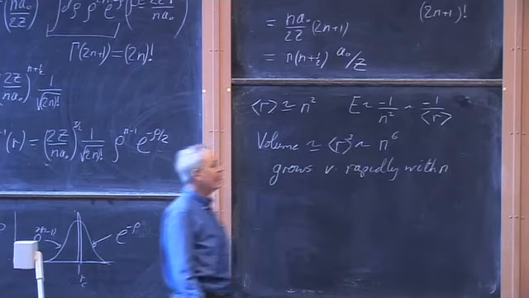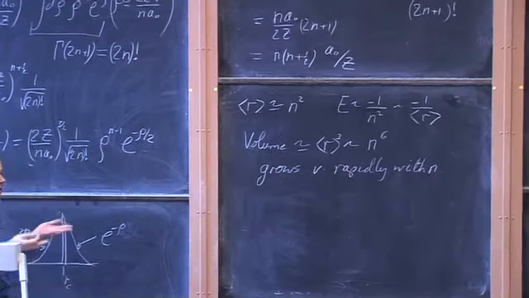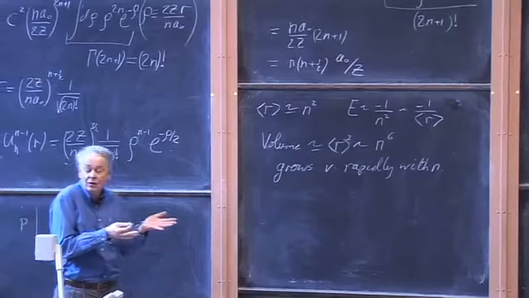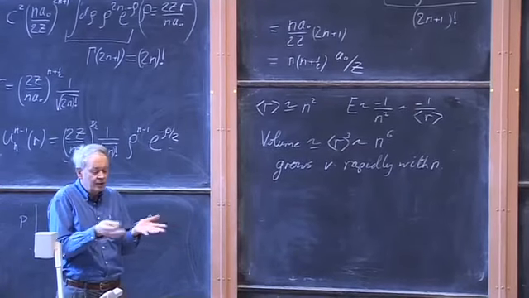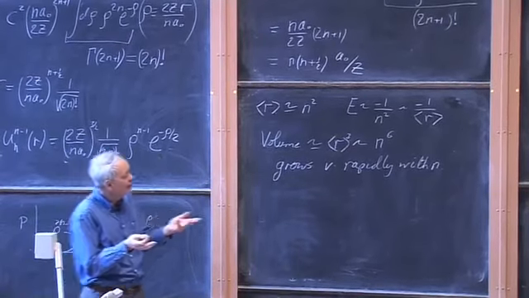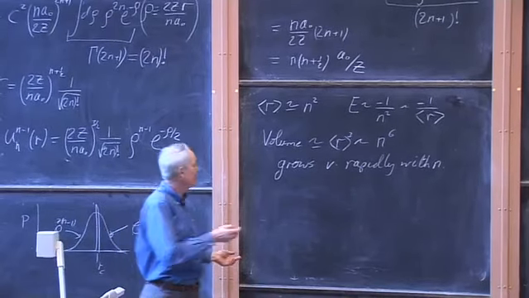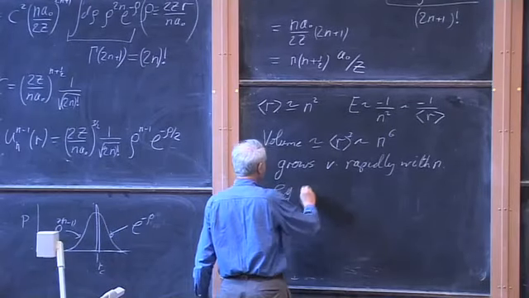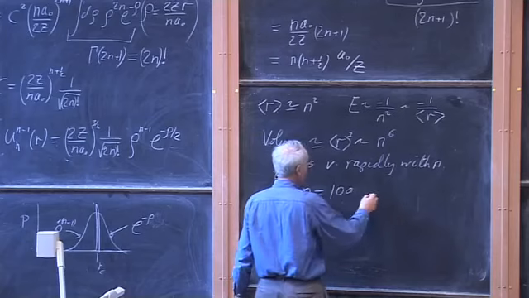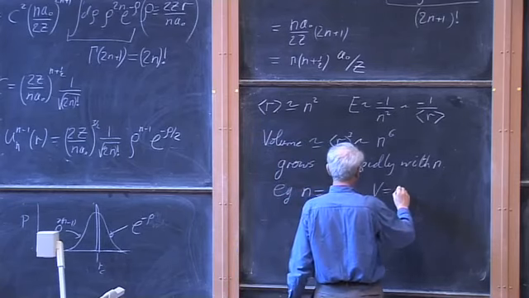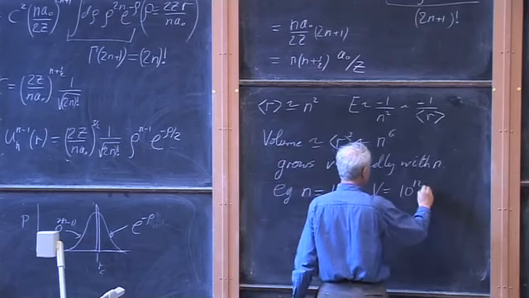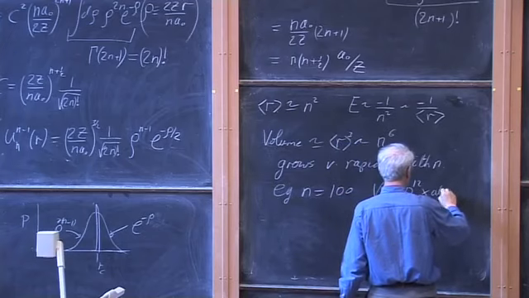This means that states in which you excite the electron to a large value of n cannot be seen. You won't be able to observe these, to measure these, unless you're in an incredibly high vacuum. So e.g., if n's 100, the volume is going to be 10 to the 12 times a regular atomic volume.